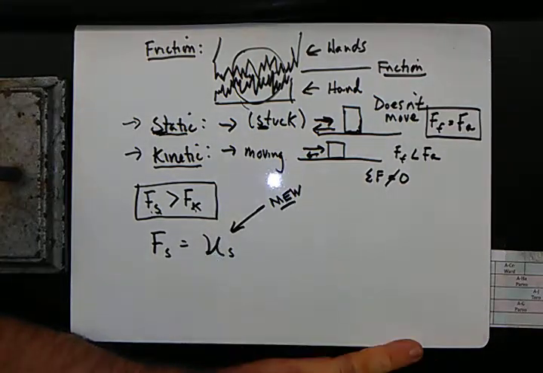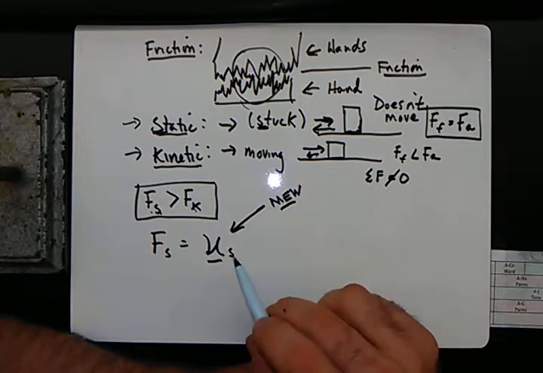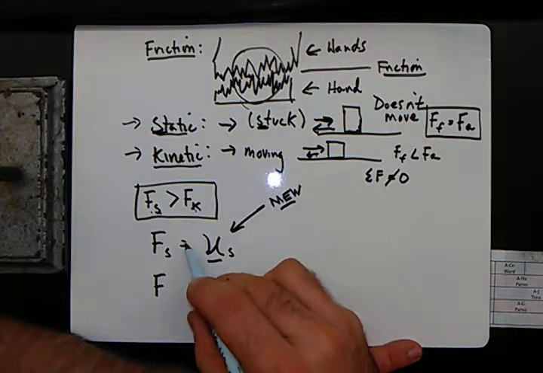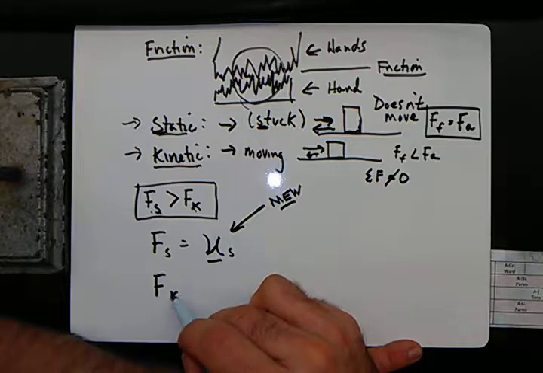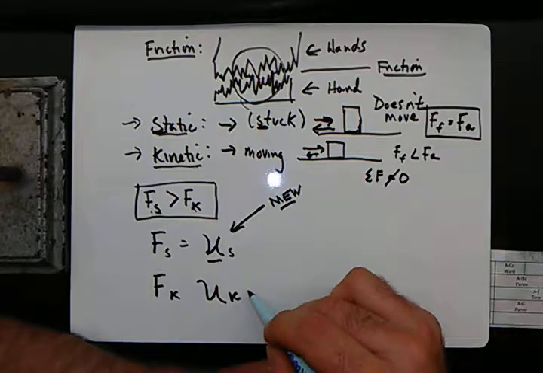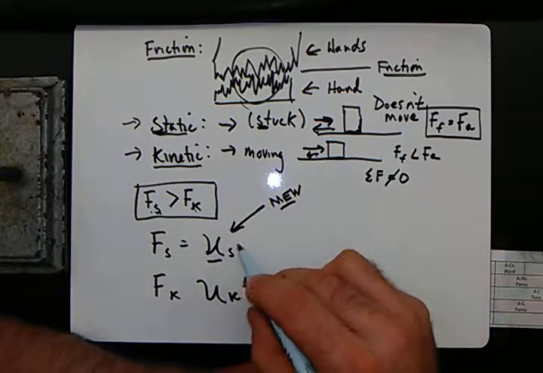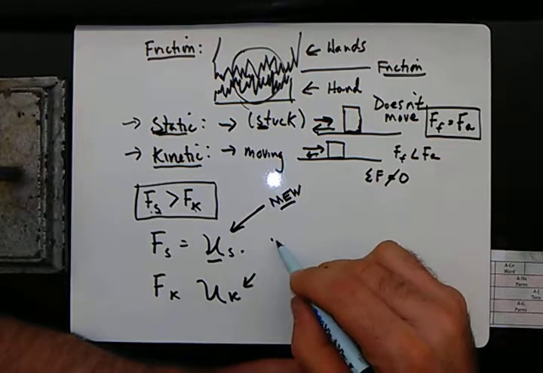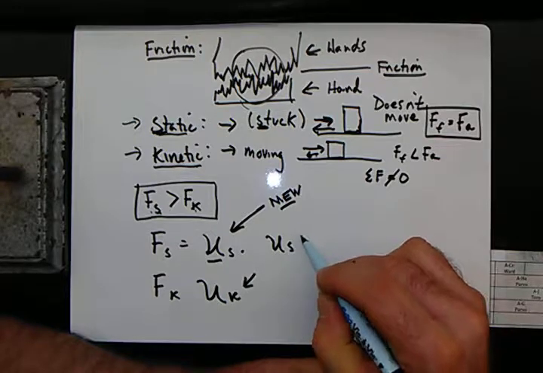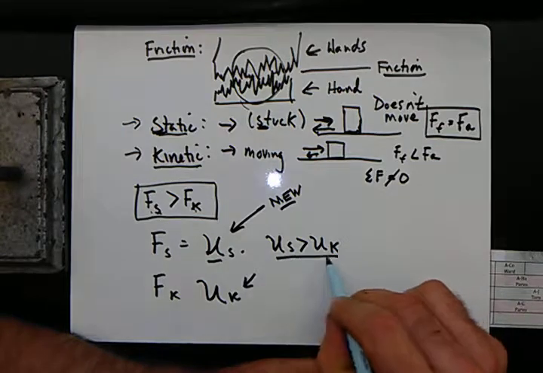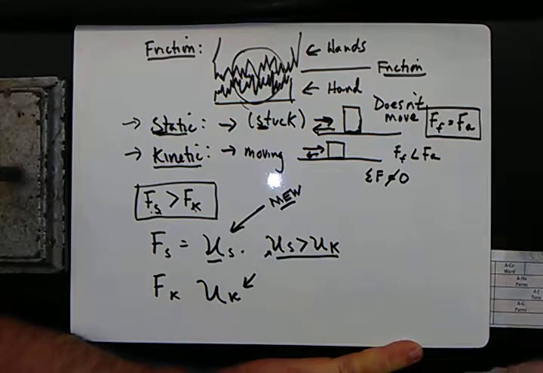It's not a u, it's a mu. And then we also have the coefficient of kinetic friction. We know that the mu value for static is going to be greater than kinetic, because it takes more force to get something to move.